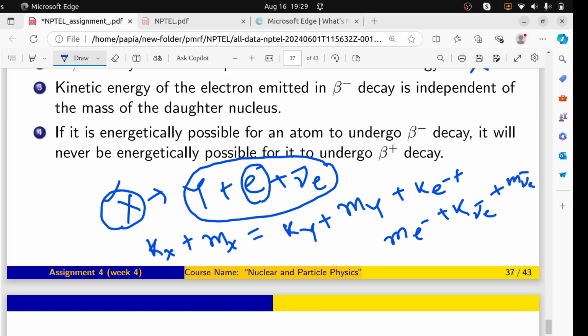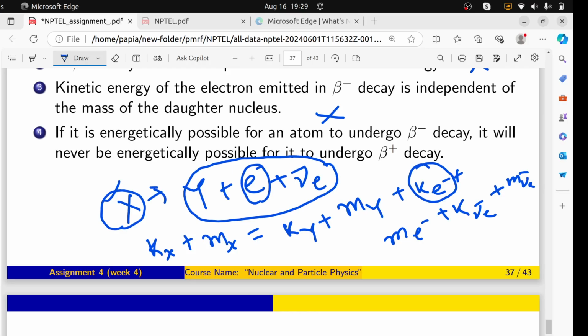So what will be the kinetic energy of the electron? That is a function of the mass of the daughter nucleus. So electron kinetic energy is not independent of the mass of the daughter nucleus. This is also not correct.